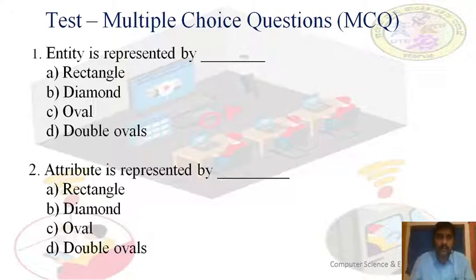Here is a multiple choice questions test. Just go through this test. First question: an entity is represented by a dash: rectangle, diamond, oval, double oval. Second question: an attribute is represented by a dash: rectangle, diamond, oval, double oval.